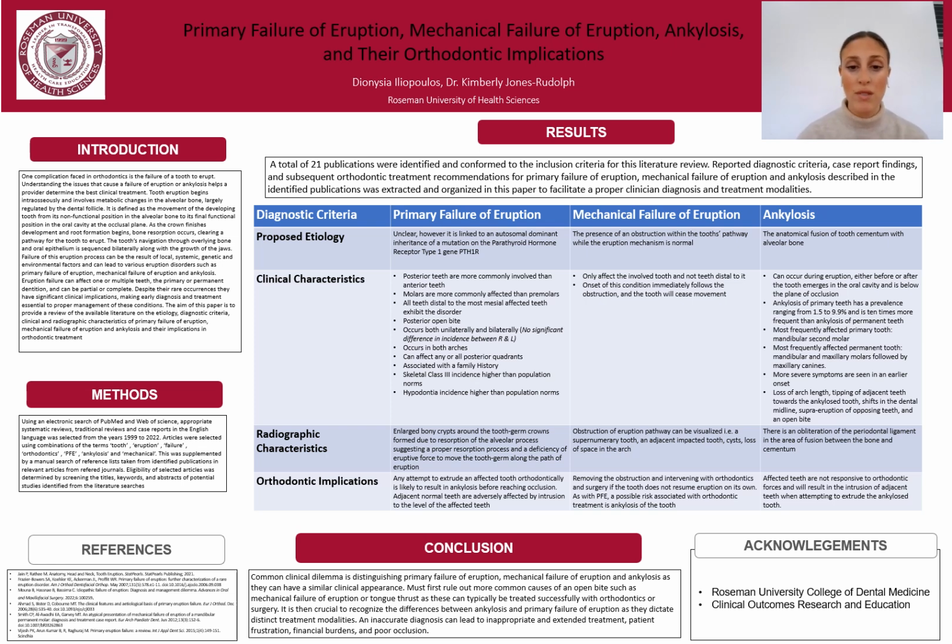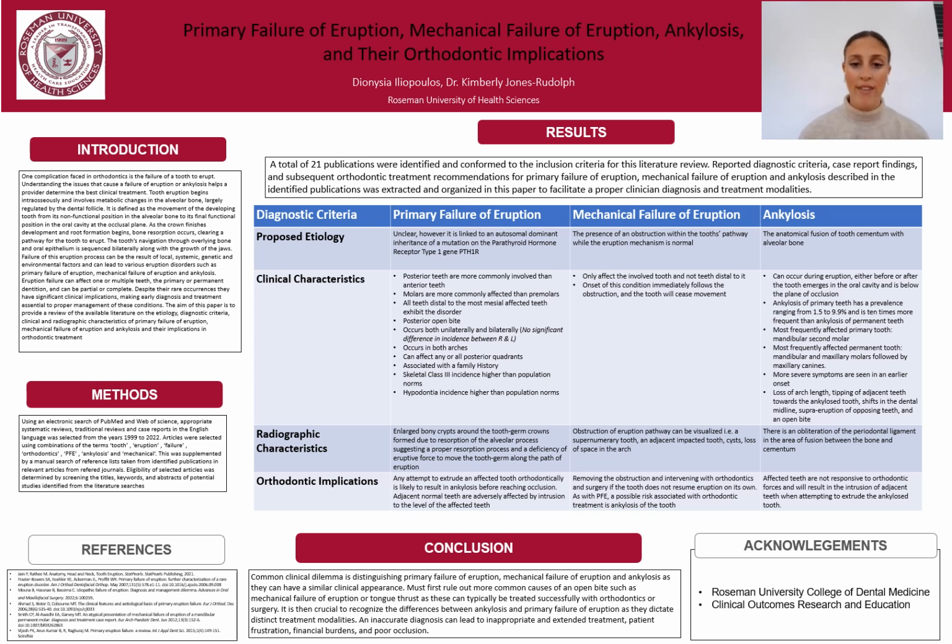All teeth distal to the most mesial affected tooth exhibit this disorder as well, leading to a posterior open bite. This occurs both unilaterally and bilaterally with no significant difference in incidence between left or right sides. It occurs in both the maxillary arch and the mandibular arch, oftentimes at the same time. It can affect any or all posterior quadrants.